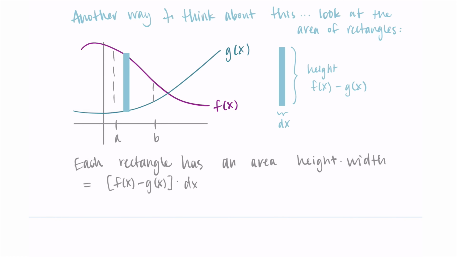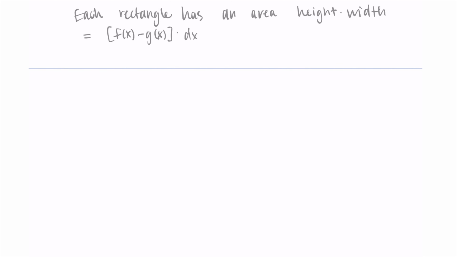And so we're going to use an integral for this. This is how we add an infinite sum of areas. So remember, we're just adding up all of the areas of those rectangles. And the way we do this is we go from a to b.